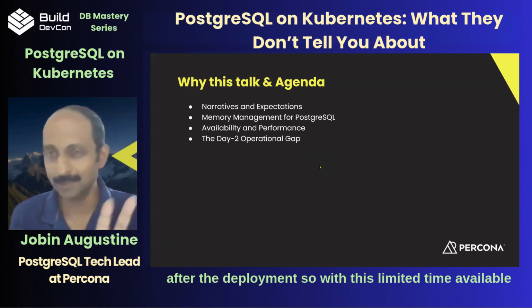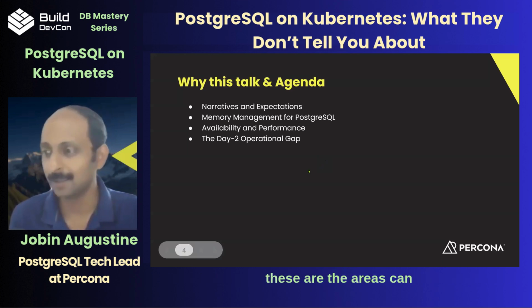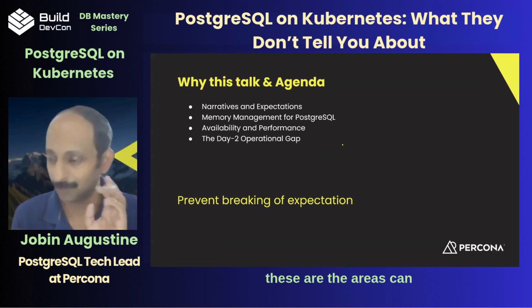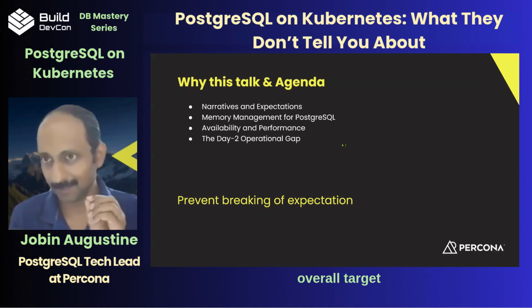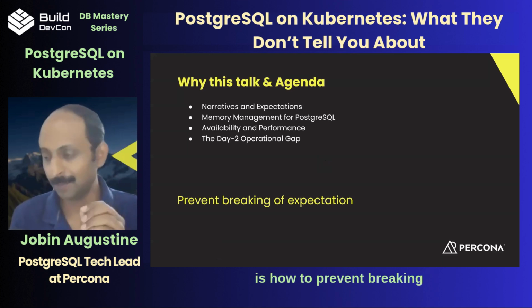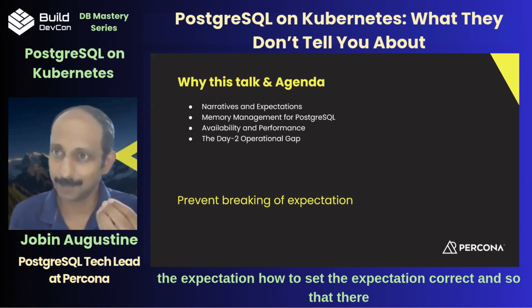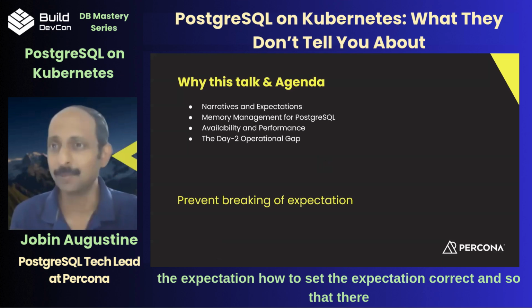With the limited time available, these are the areas which I want to cover. The overall target is how to prevent breaking the expectation, how to set the expectation correctly, so that there won't be pain later.